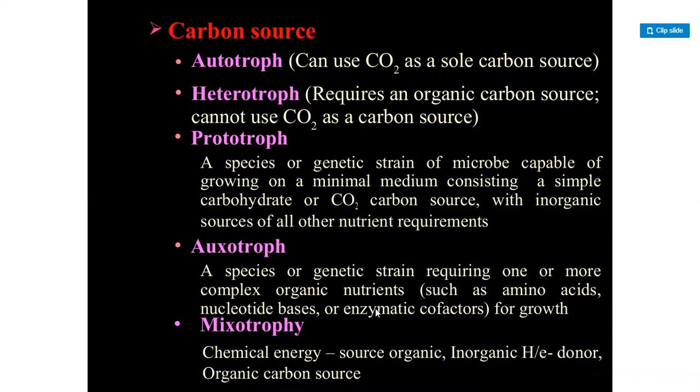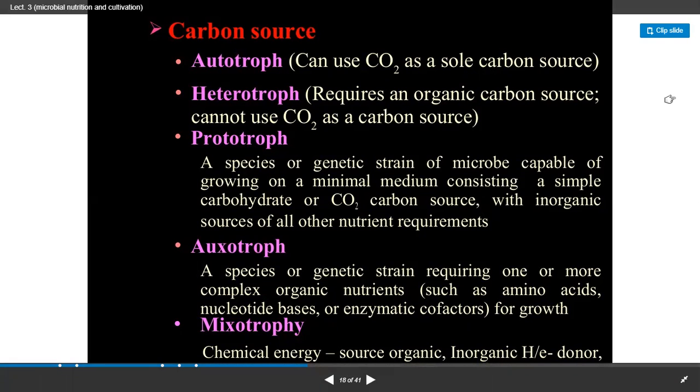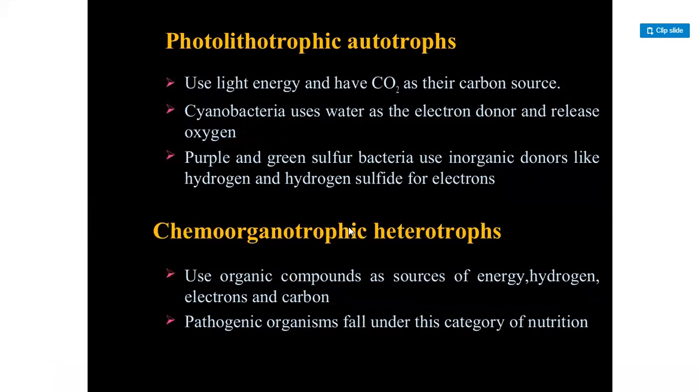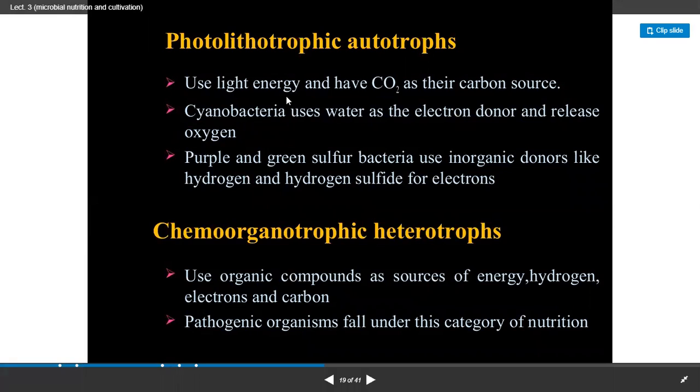Mixotrophs are the organisms which need chemical energy sources and organic carbon sources. So they are known as mixotrophy. What are the photolithotrophs or autotrophs? We know about the phototrophs, but what are the photolithotrophs? Phototrophs are the organisms which need light for energy, but photolithotrophs use light energy and also inorganic and organic carbon sources.